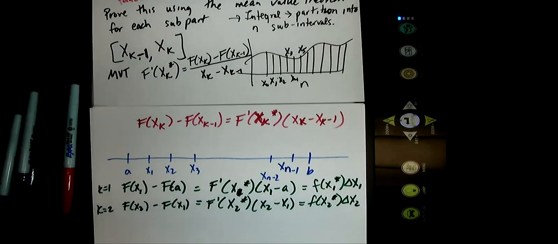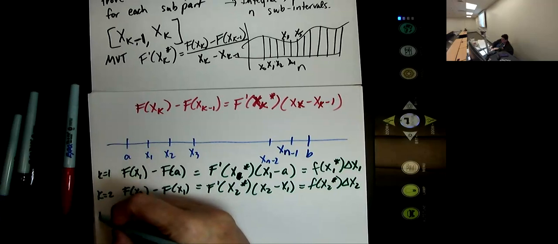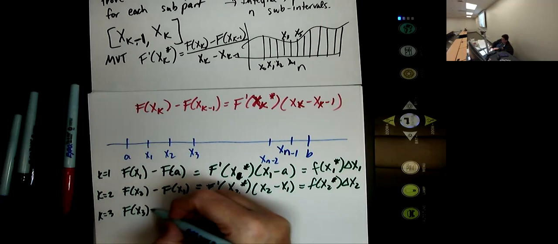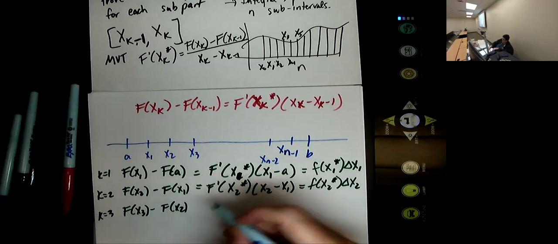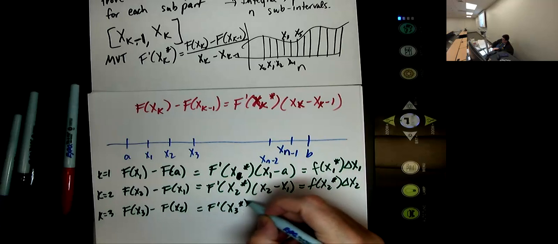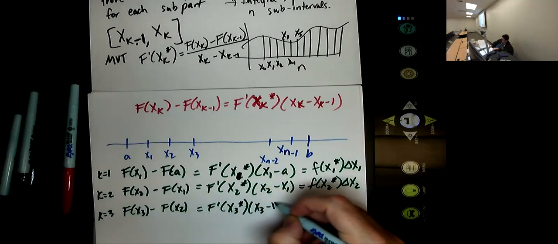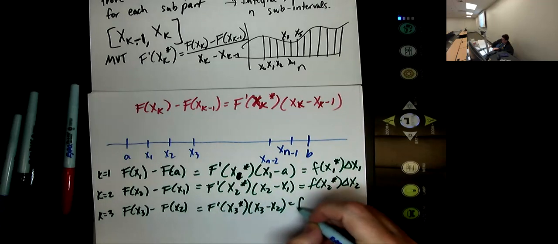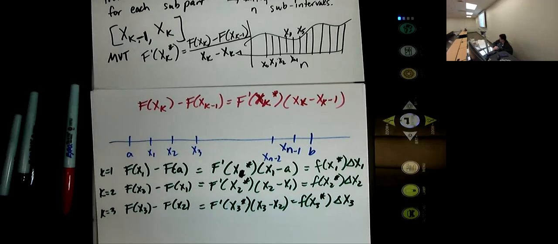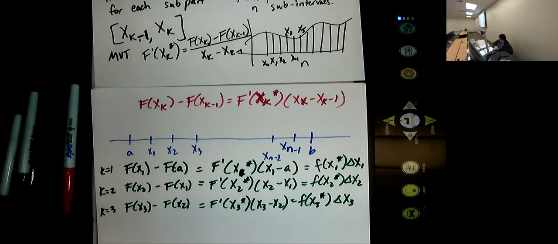Merci. Thank you. If I do k equals 3, f of x3 minus f of x2, and this is f of x3 star delta x3. But all these delta x's are the same.